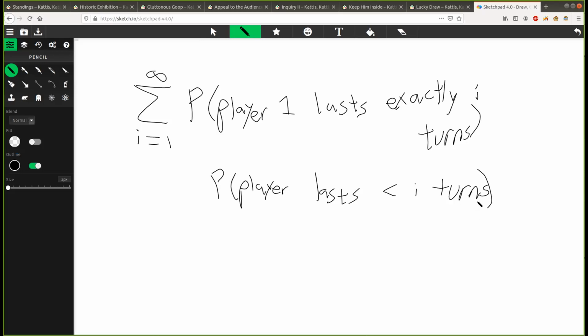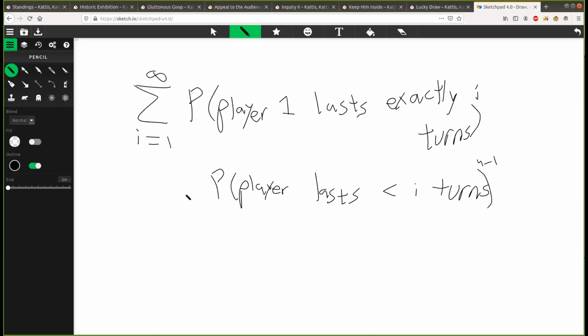Because there's n minus 1 players, I'm going to take this probability to the n minus 1 power. It's like player 2 lasts less than I turns times the probability that player 3 lasts less than I turns. But because there's nothing distinguishing the players, we can just take the power.